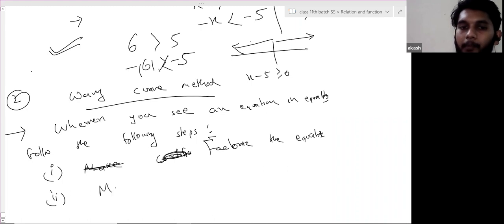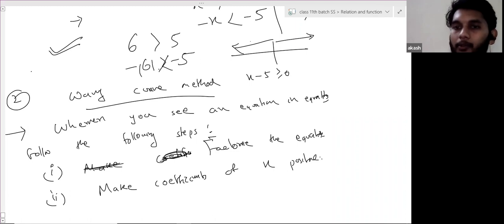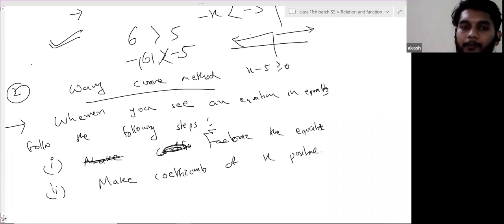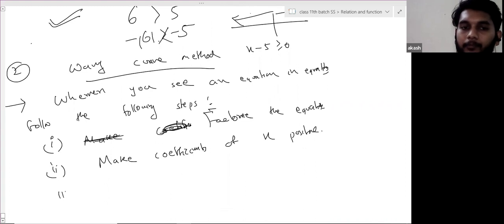Then make coefficients of x positive. All coefficients of x should be positive. Change the inequality sign accordingly.